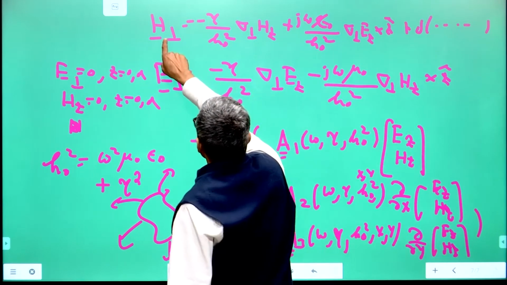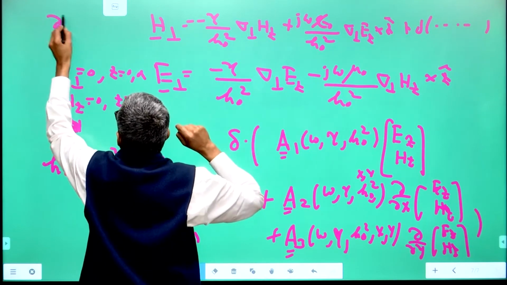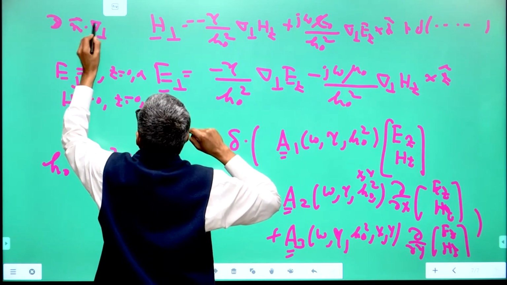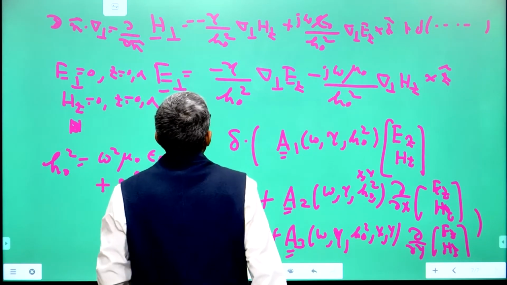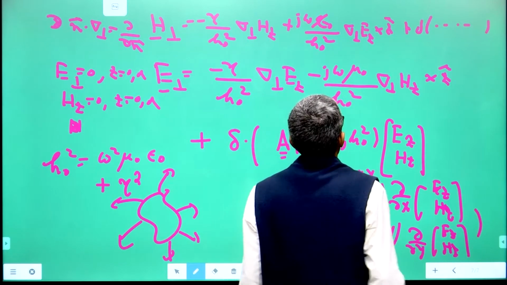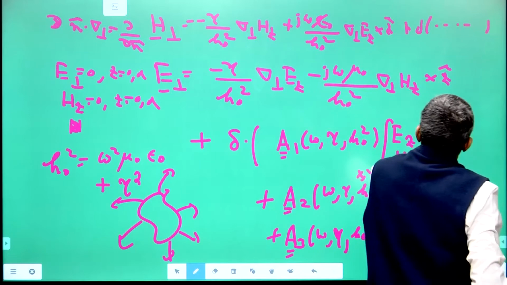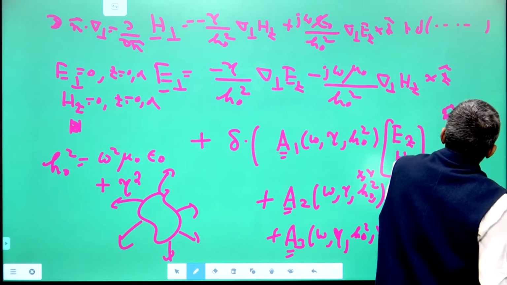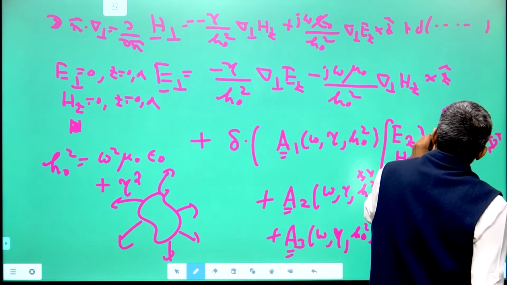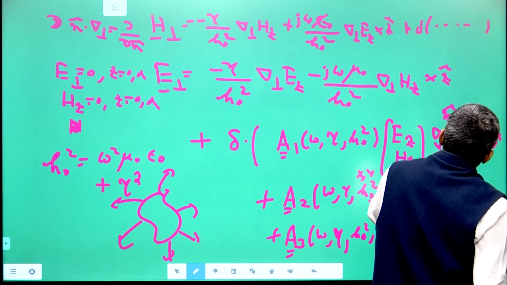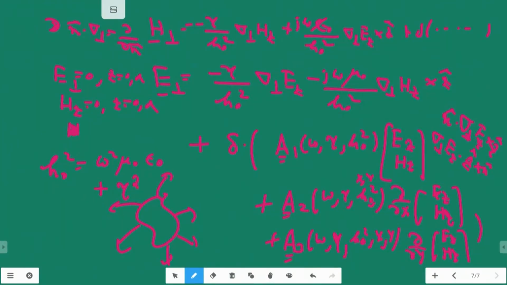So, if you calculate h perpendicular dot n, you will get dou Hz by dou n coming from n cap dot del perpendicular, which is equal to dou by dou n, the derivative along the unit normal. So, that should vanish on the surface because, if you look at this term, n cap dot del perpendicular Ez cross z cap, it is the same as del perpendicular Ez dot z cap cross n cap, and z cap cross n cap is t cap, the tangential direction.